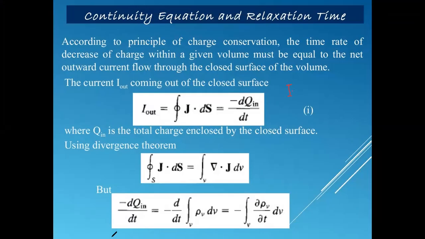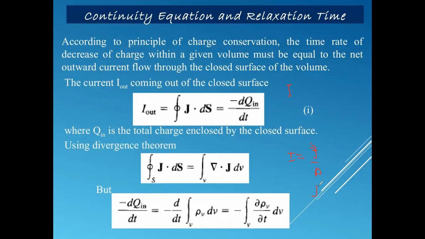Current per unit area, and this is denoted by J. I is equal to J upon A. This current density is a vector quantity. Here again you need to be very careful. Current is a scalar quantity, but current density is a vector quantity. What is the relation between J and I?